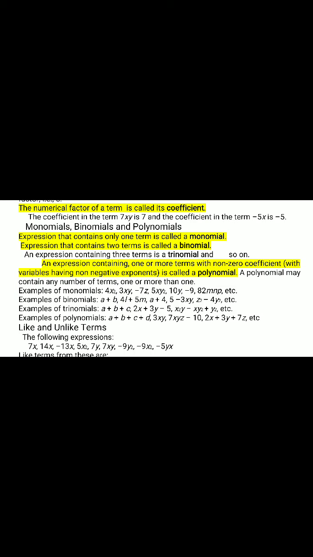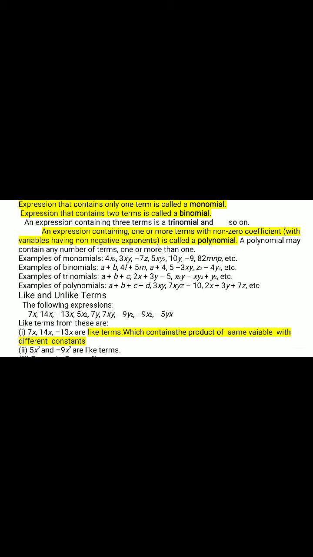It means if the terms are connected with addition or subtraction, then they are counted as one term, two terms, three terms. So a plus b plus c will be a trinomial. a plus b plus c plus d is a polynomial, like this.